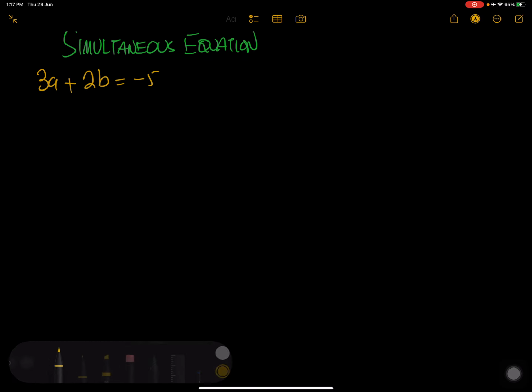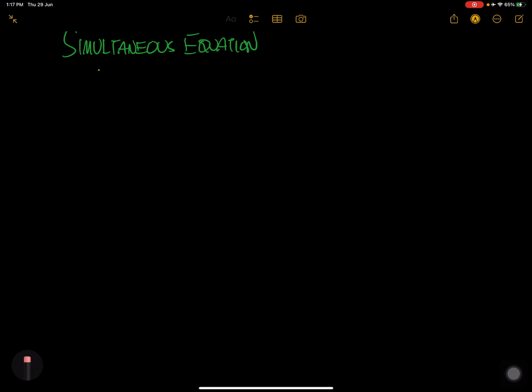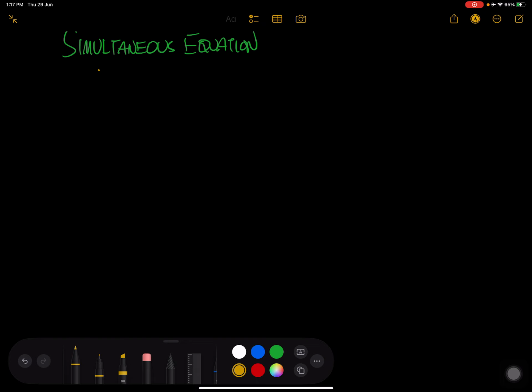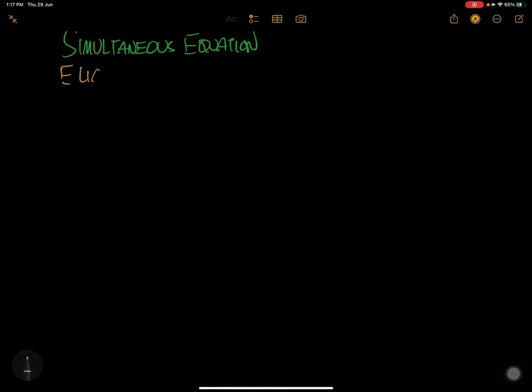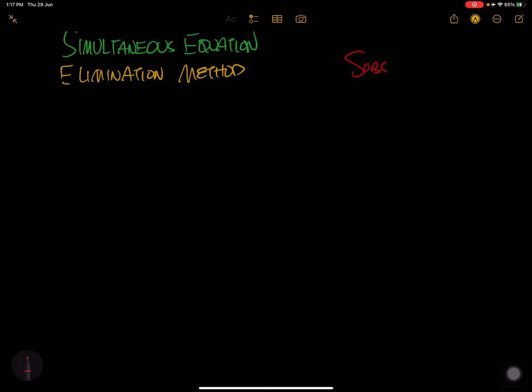In fact, let me do a table. Sorry about that. Let me do a table where one column is the elimination method, and then the other column will be the substitution method. I hope it helps. So let's look at the same problem.